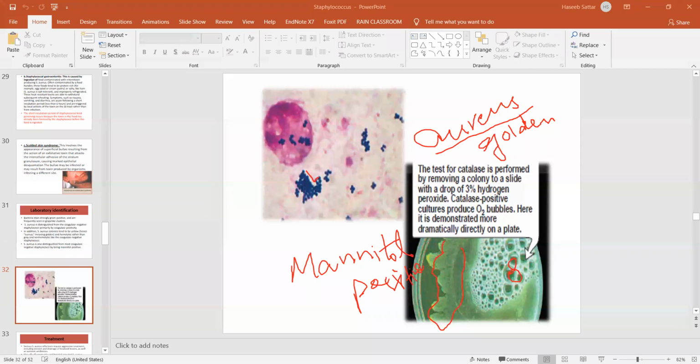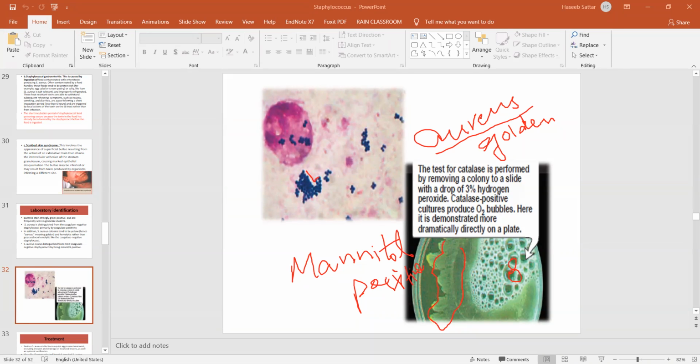What do we mean by mannitol positive? The mannitol test checks the metabolism of mannitol. Certain bacteria ferment mannitol. We add mannitol to the bacterial culture, and the bacteria produce an acidic product.